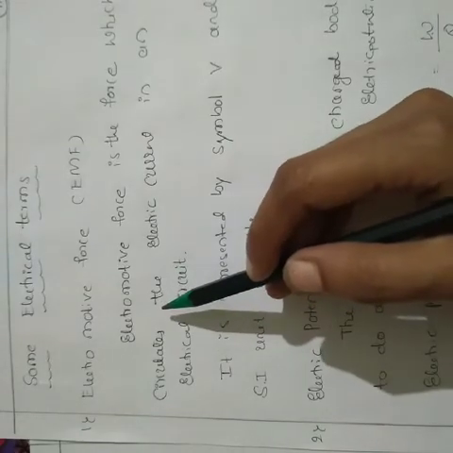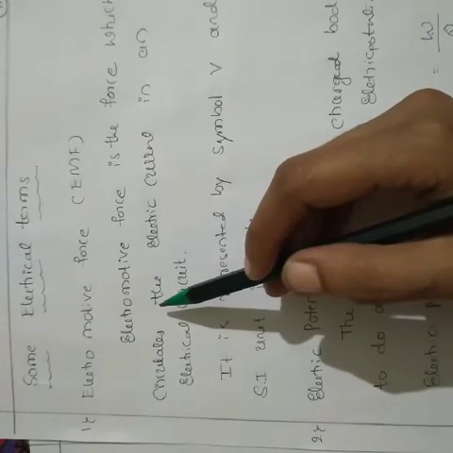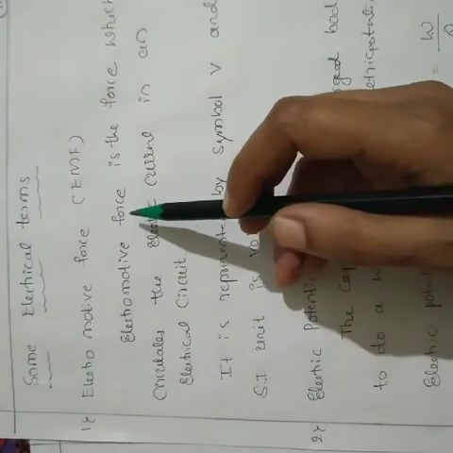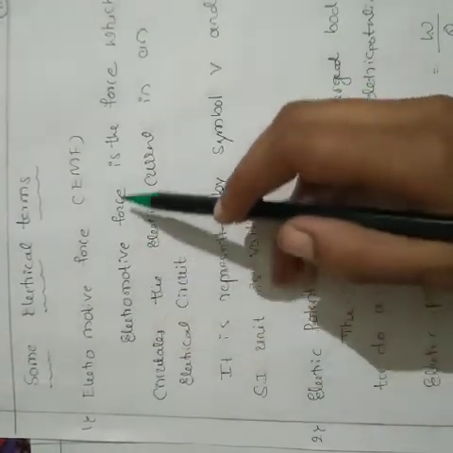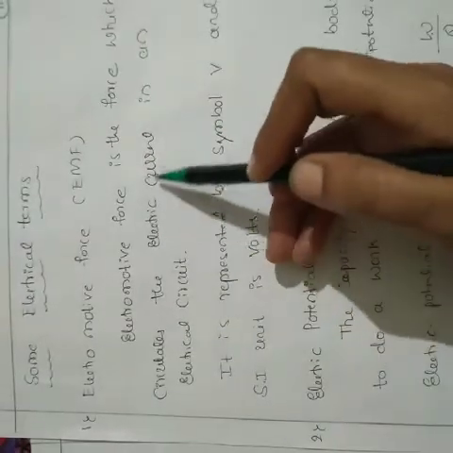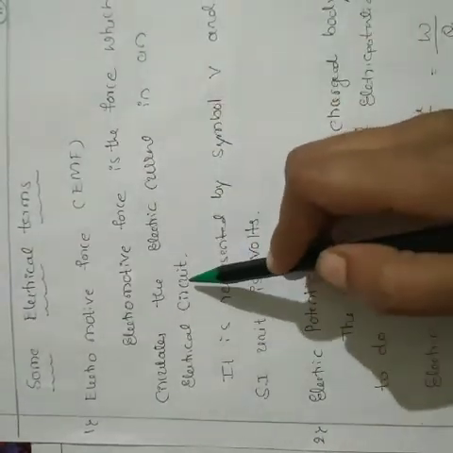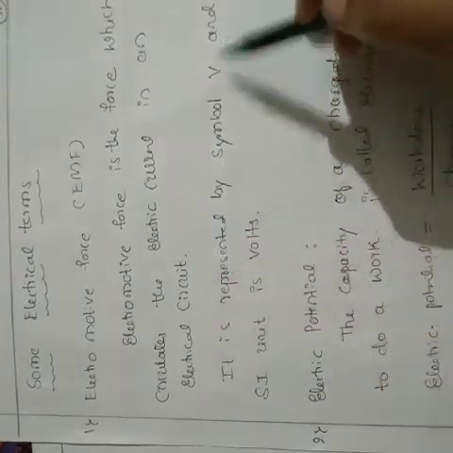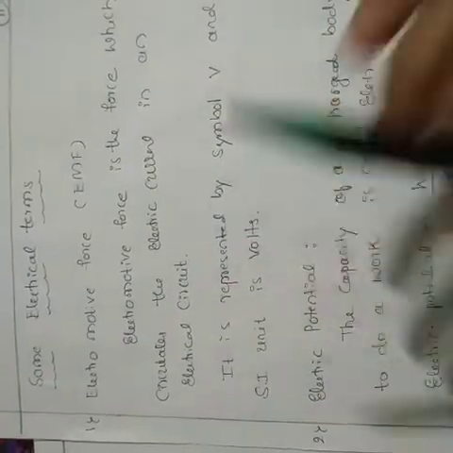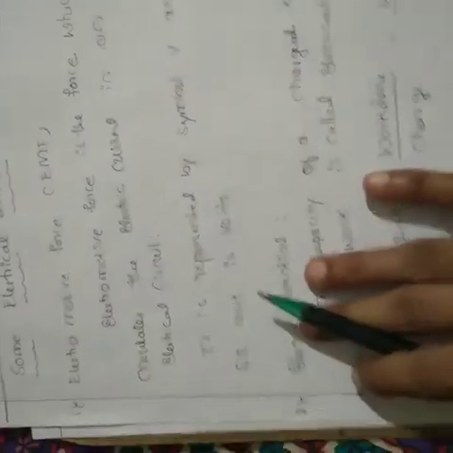For the moving of free electrons, nothing but the current, a force is required. This force is called EMF. The electromotive force is the force which circulates the electric current in an electric circuit. It is represented by the symbol V and the SI unit is volts. This is the first one, EMF.